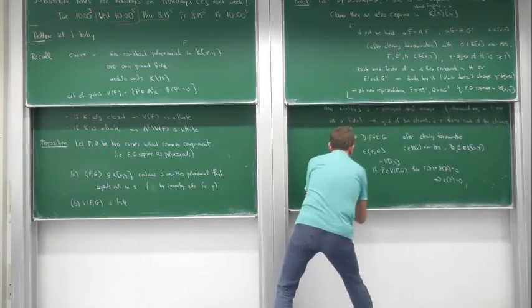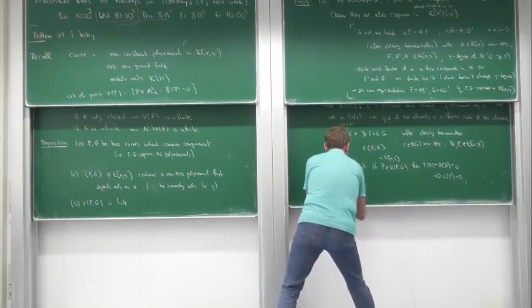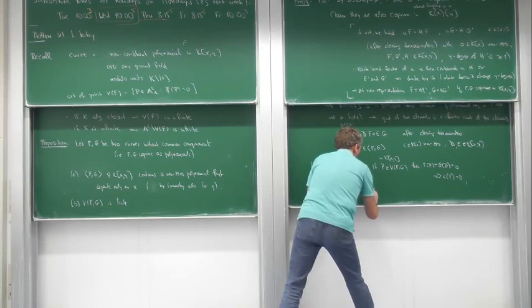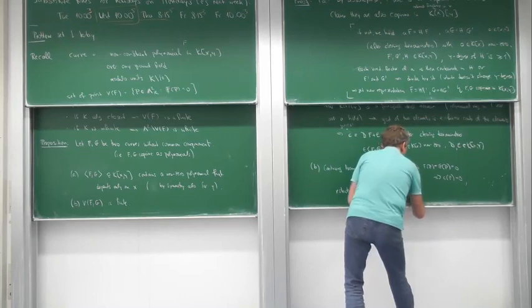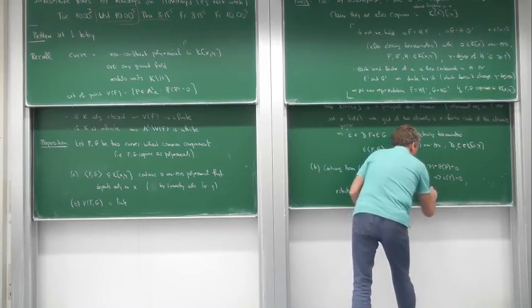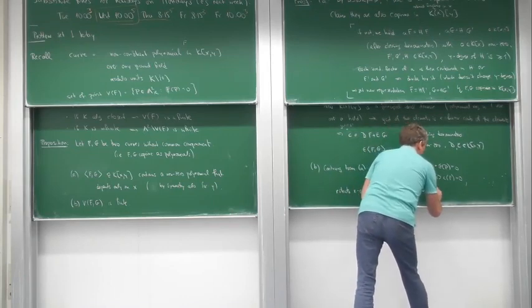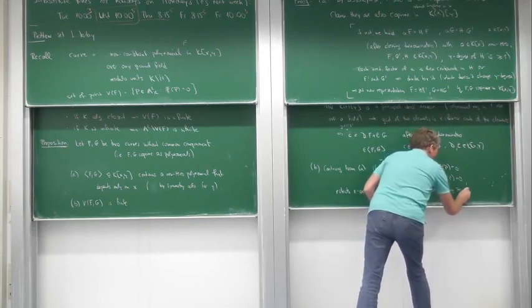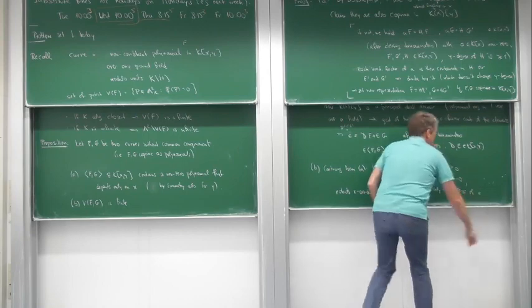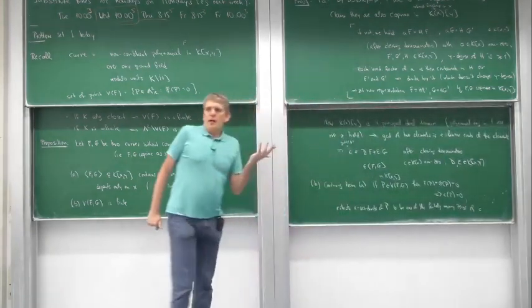And that means it restricts the x-coordinate of p to be one of the finitely many zeros of c. And the same is for y.